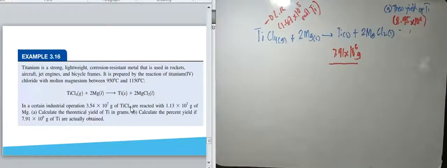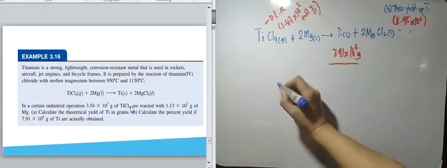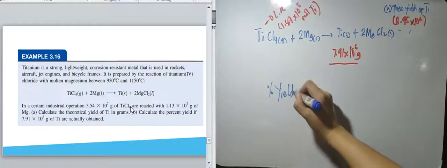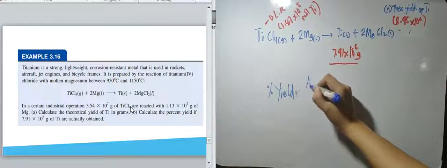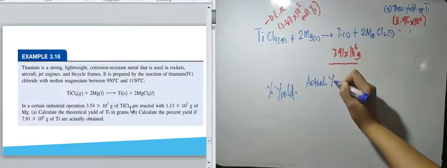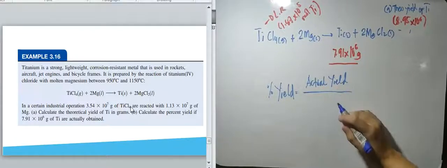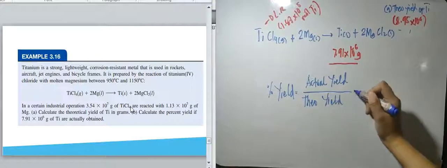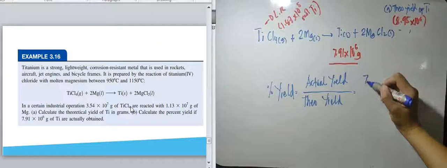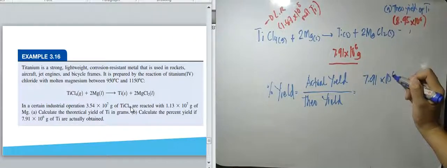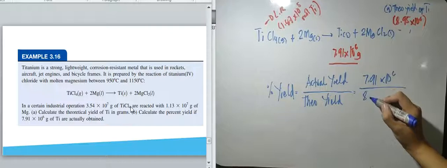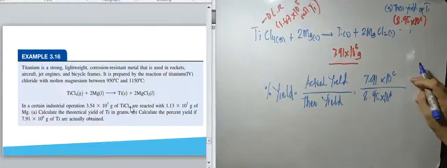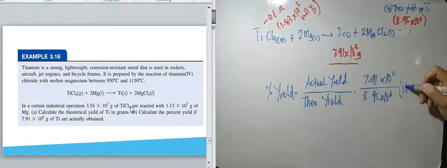So the percentage yield is computed as follows. Percentage yield is the actual yield over the theoretical yield, which is 7.91 times 10 raised to 6 over 8.95 times 10 raised to 6 multiplied by 100 kasi we are dealing with percentages.